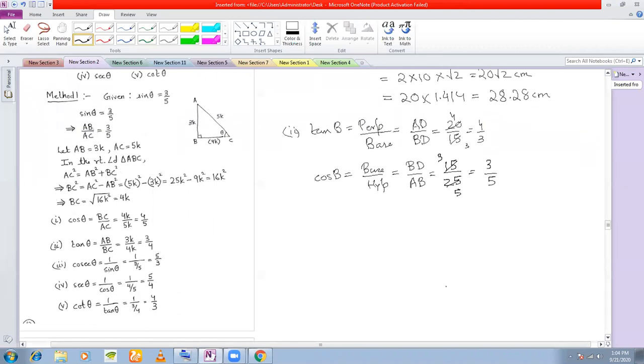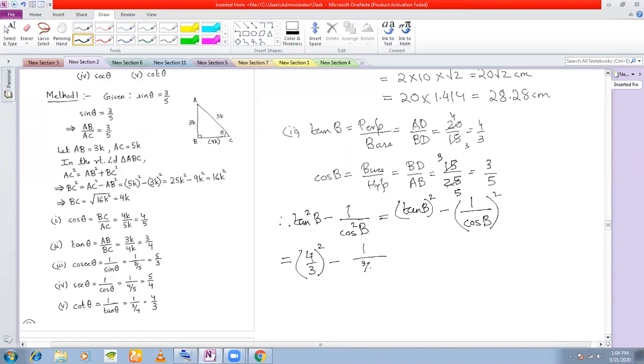So therefore, we have to find out the value of tan square B minus 1 by cos square B. Tan square B is nothing but tan B whole square, right? And 1 by cos square B can also be written as 1 by cos B whole square. So tan B is 4 by 3, and 1 by cos B here is 5 by 3, this thing whole square.